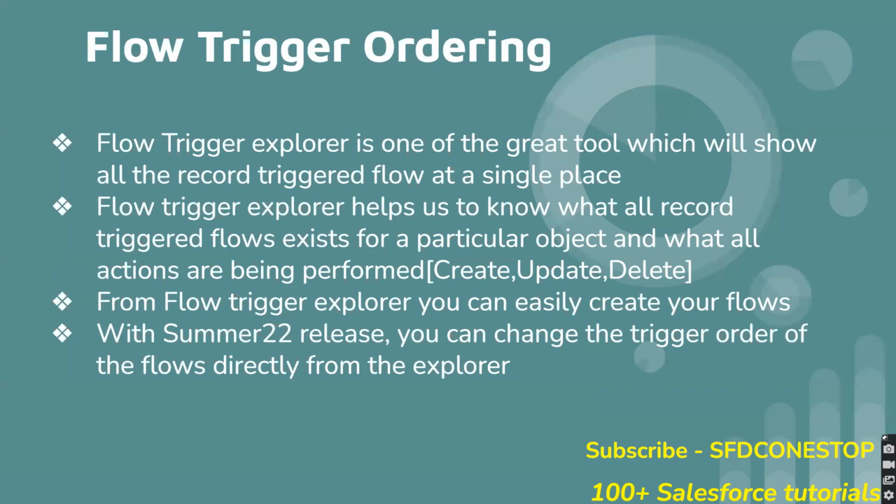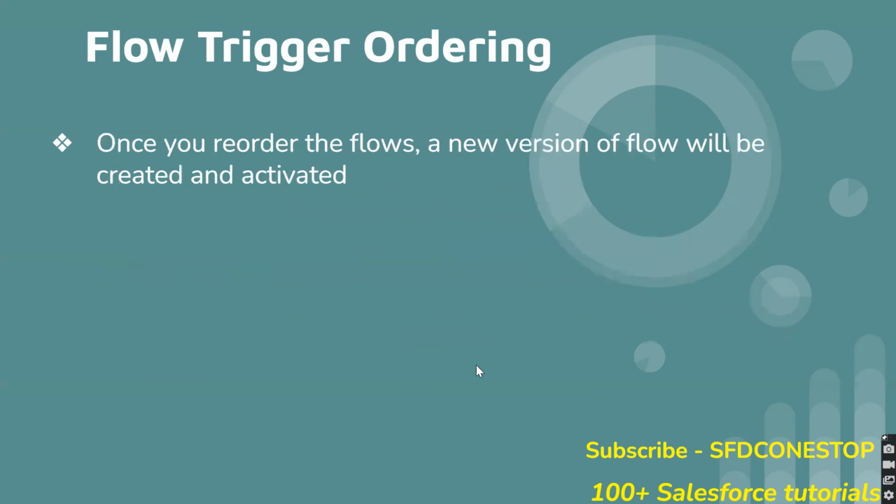Whatever we are discussing here in the slide deck, we are going to log in to our sandbox and see how you can achieve it using the Flow Trigger Explorer. Once you perform the ordering using the Flow Trigger Explorer, a new version of the flow will be created and activated.